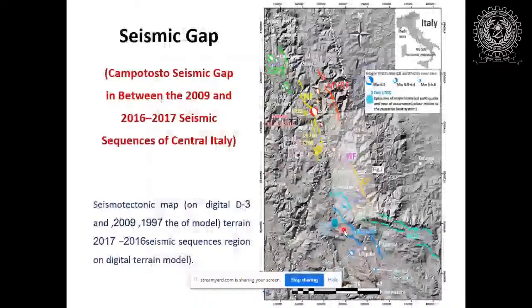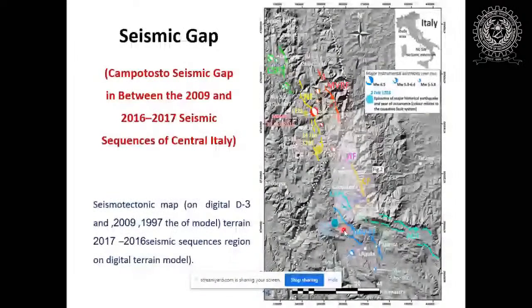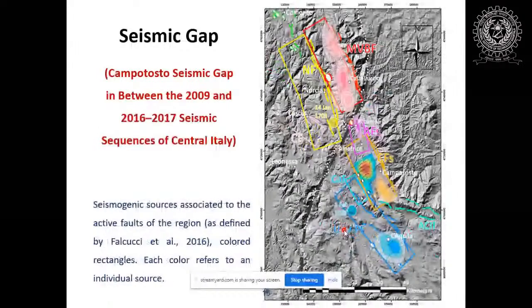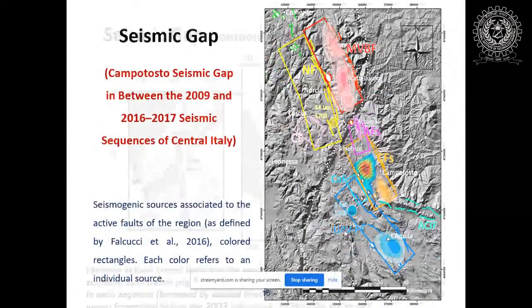Some other examples are seismic gaps between 2009 and 2016, and the earthquake sequence of 2017 in Italy, in the Amatrice region in central Italy.